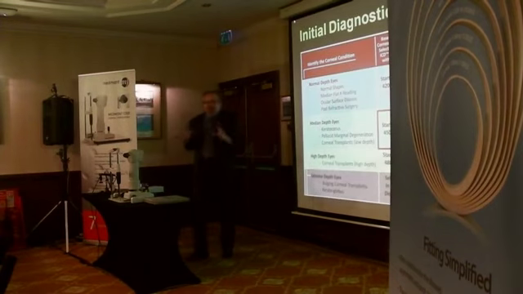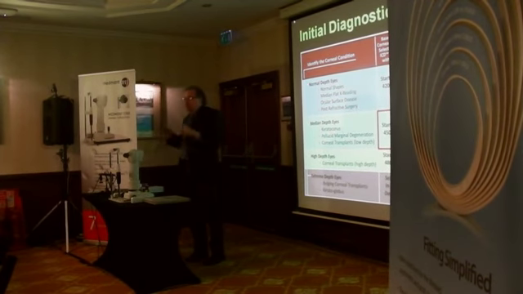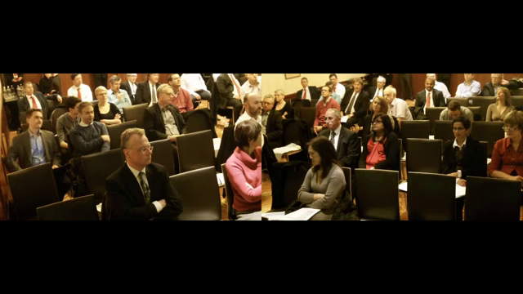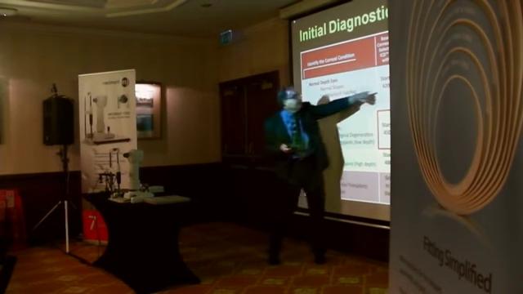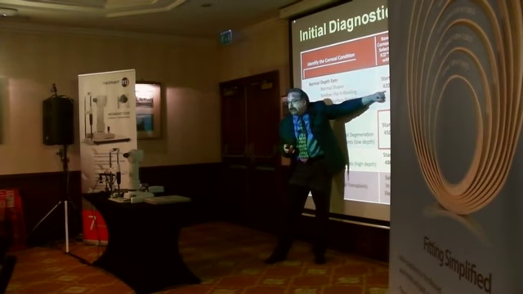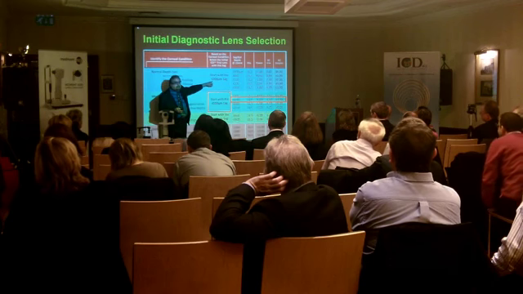Now, what lens are we going to put on this individual? What we have found in our sagittal height studies is that the keratoconus eye in moderate to severe keratoconus is 300 microns higher than the normal eye.